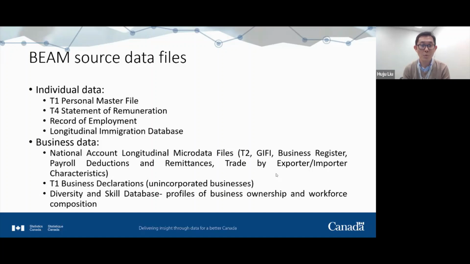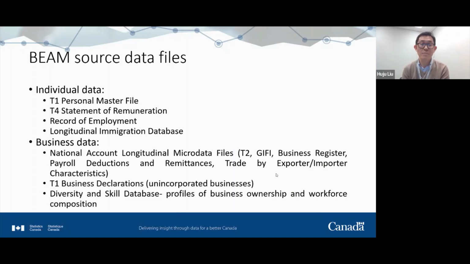We're also using the T1 business declaration that gave us information on the unincorporated business, right? So the first data set gave us information on the incorporated business, and the T1 business declaration gave us the information on unincorporated business. We also supplement these two data sets with the diversity and scale database, which is derived from the linkage environment and profiles the business ownership and the workforce composition within the business.